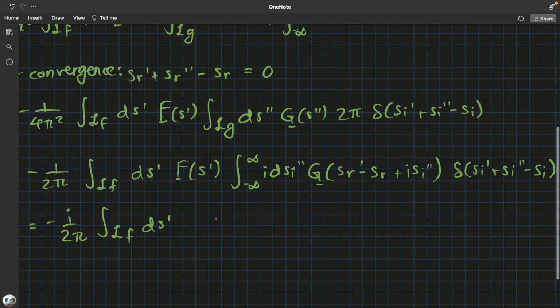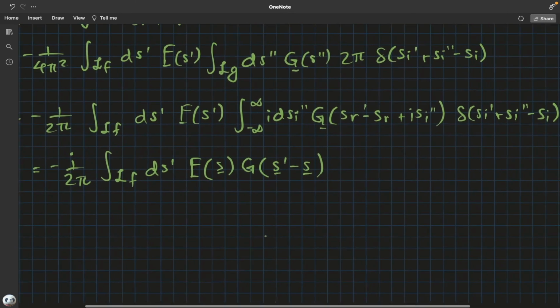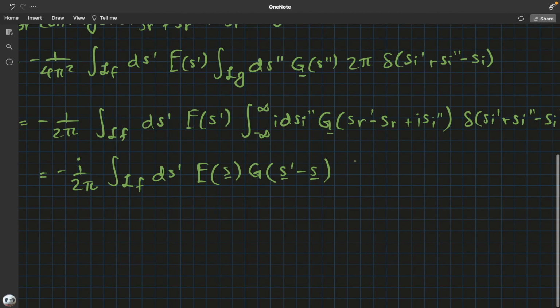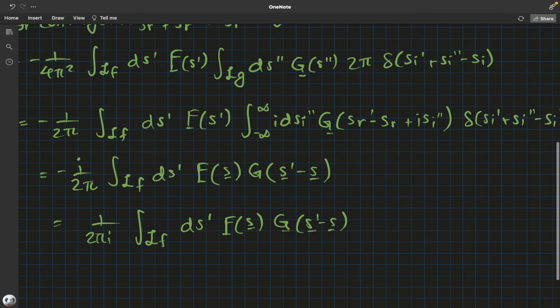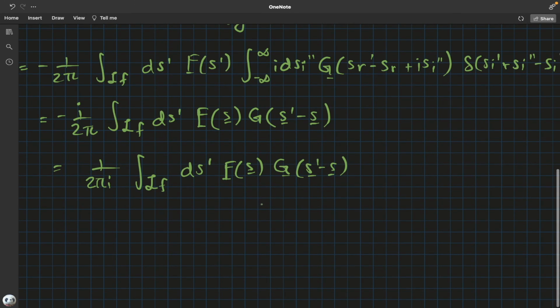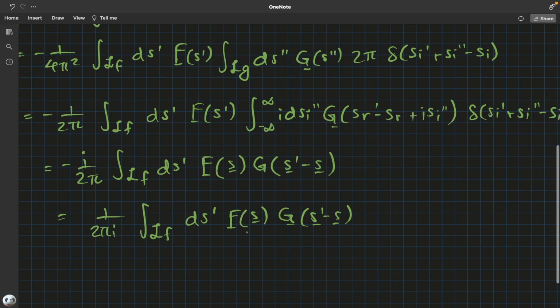So that becomes, so you can contract nicely, and if you group some terms together, you'll notice this becomes s prime minus s, really the same stuff as before, which I can rewrite as 1 over 2 pi i integral along LF ds prime f of s, g of s prime minus s. And this is the final answer we're looking for.